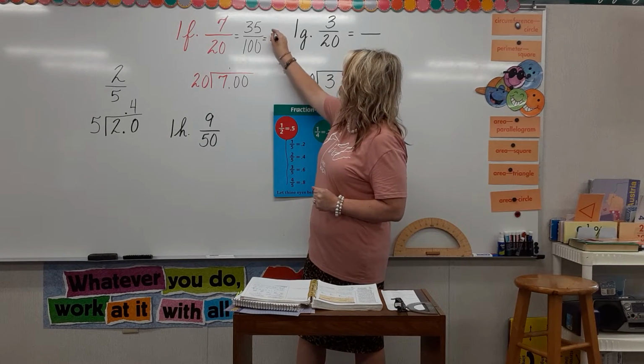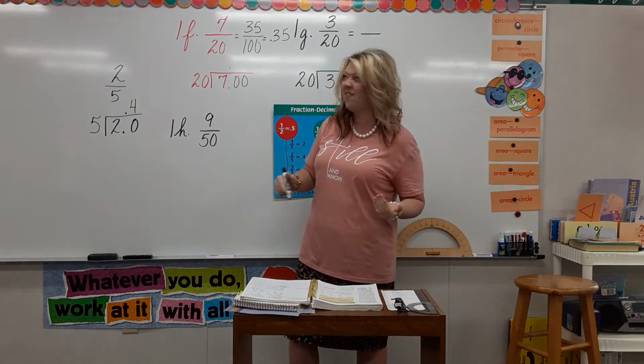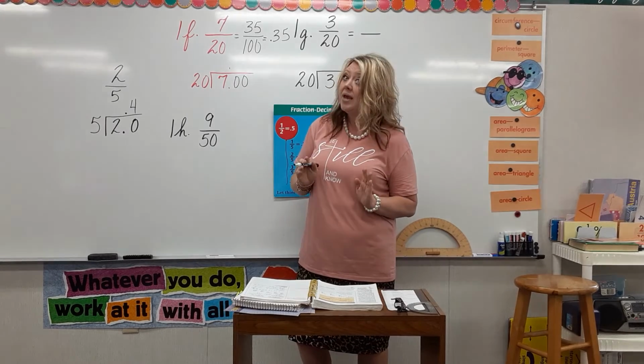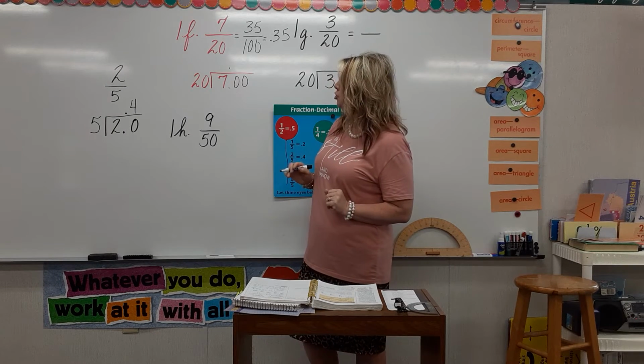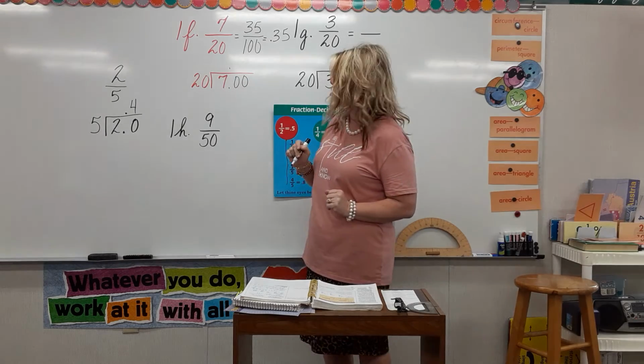Therefore, 7/20 is 35 hundredths. Don't you think that's faster than dividing 20 into 7.00? You can't do that for every problem, but you can do it for denominators that can evenly divide into 100.